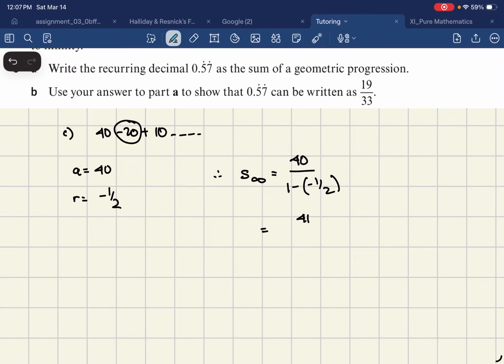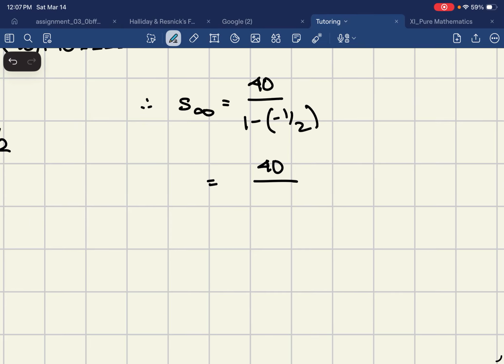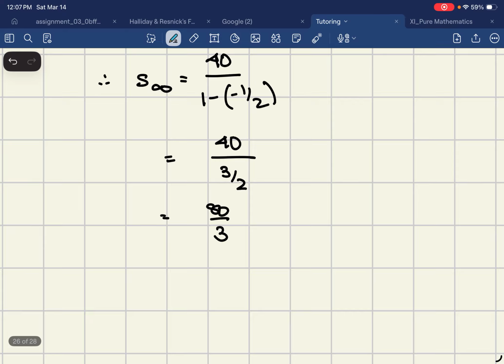So that is 40 divided by 3 by 2, right? So that is 80 by 3. And if you want to write it as a mixed fraction, then you can divide 80 by 3. So that is 26 2 over 3, I believe.